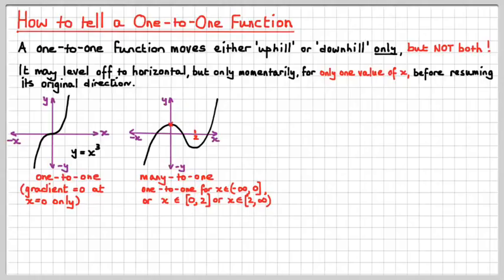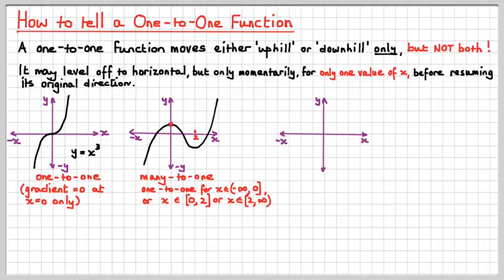Or you could also go one-to-one if you had the restricted domain from naught up to and including 2, where the second stationary point is, yes? Or you could have one-to-one from x is 2, including 2, right up to positive infinity. So you could split it up into 3 prospective one-to-ones if you restrict the domain, but as it is, it's not one-to-one at all. Yes, get it?